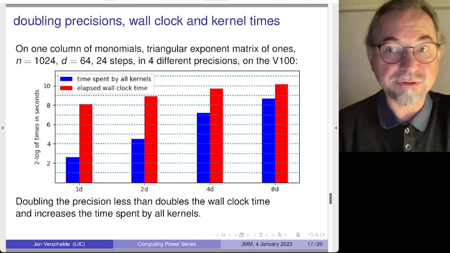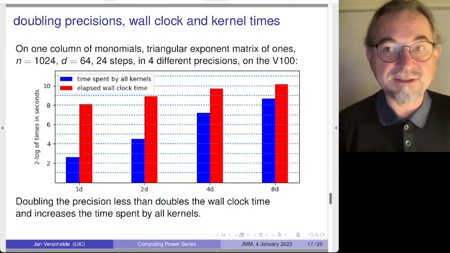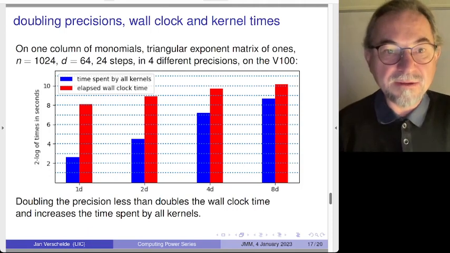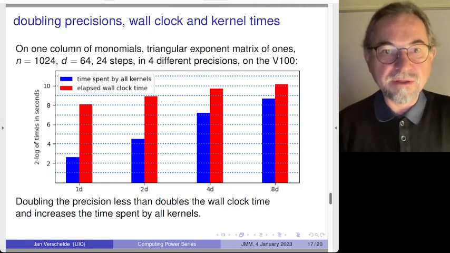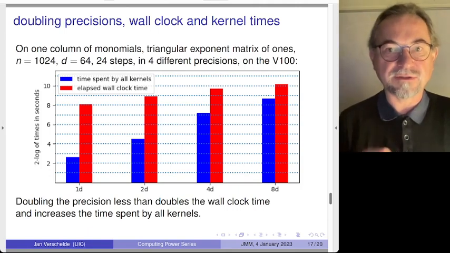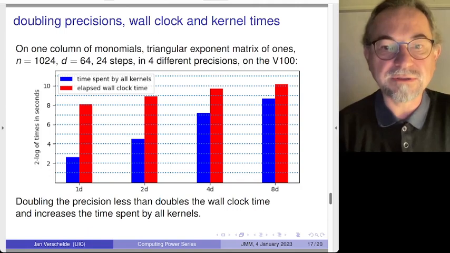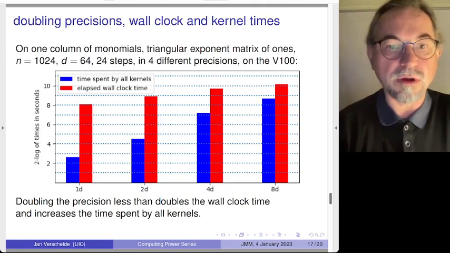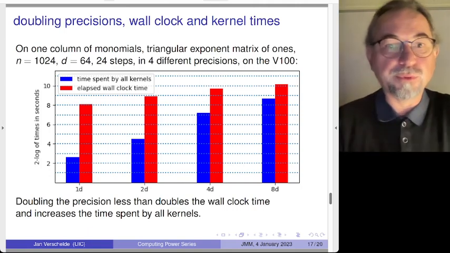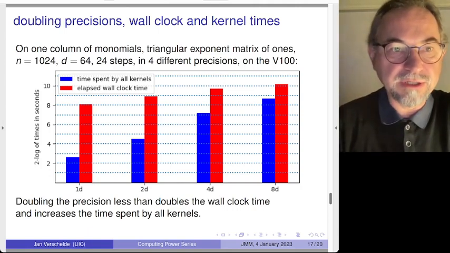That's very important. Doubling the precision with doubling the amount of time is kind of surprising that you can do that. But observe the blue bars. The GPU gets more and more busy. So the GPU gets quite fully occupied when you get to quad double precision. So that's a very important result here.